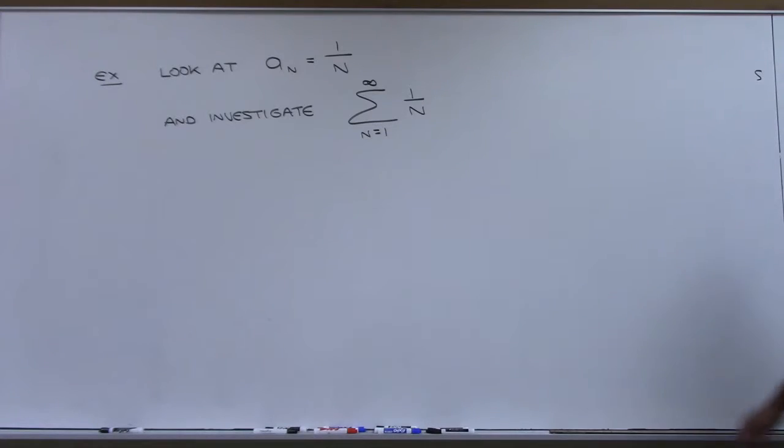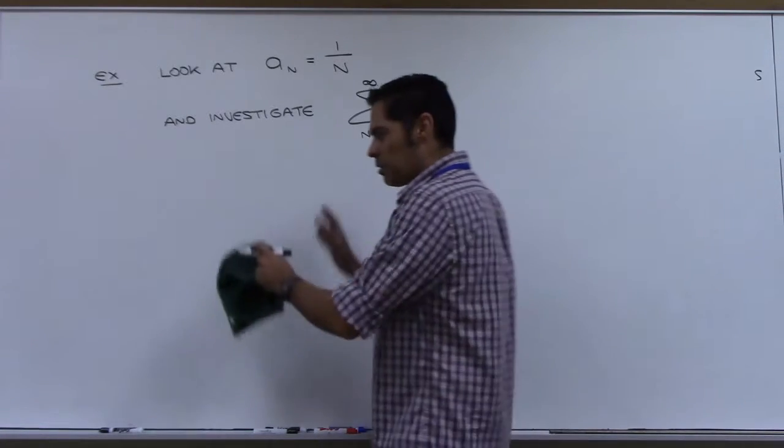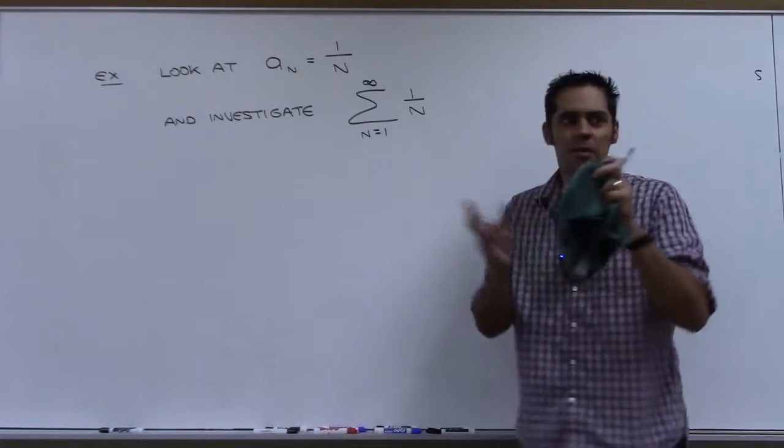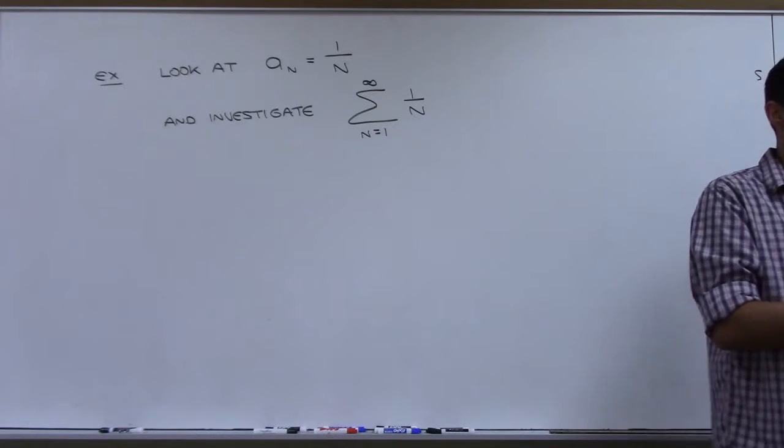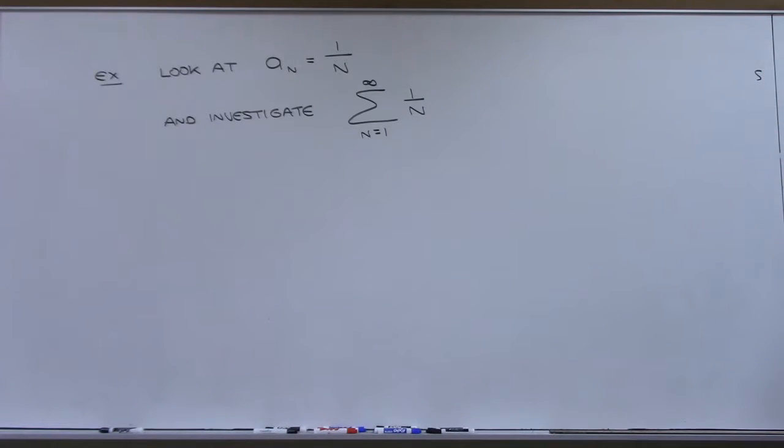Now I'm going to be doing a lot of things here as I work through this. I'm going to be using different letters, and I want to make sure everyone's comfortable with it. So let me know if you're thrown off by any of the letters, all right?